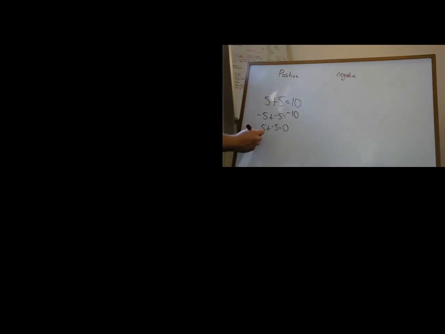If I have a negative plus a positive, still 0. So for a positive plus a negative, negative and a positive, you find the difference and ignore the sign.